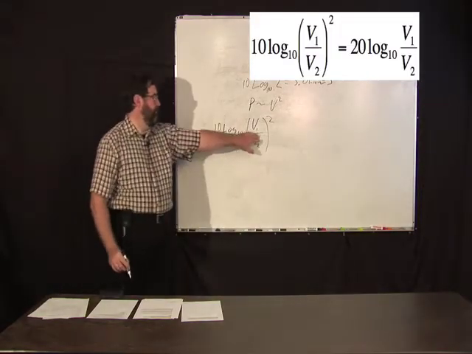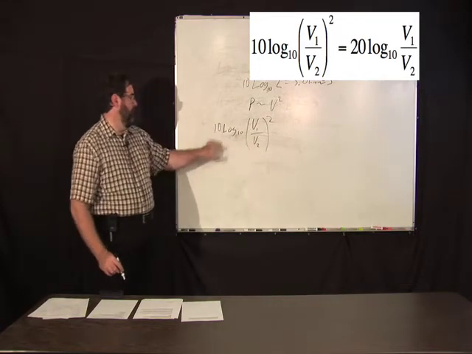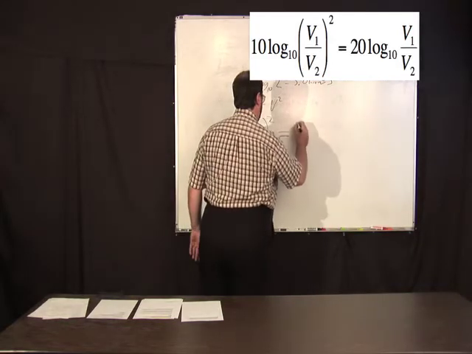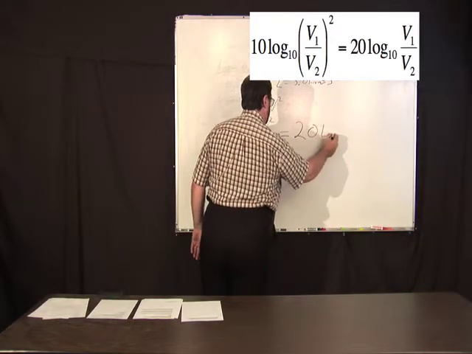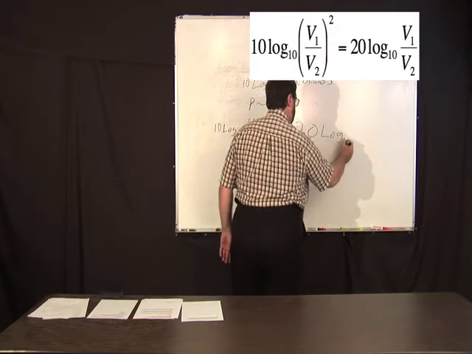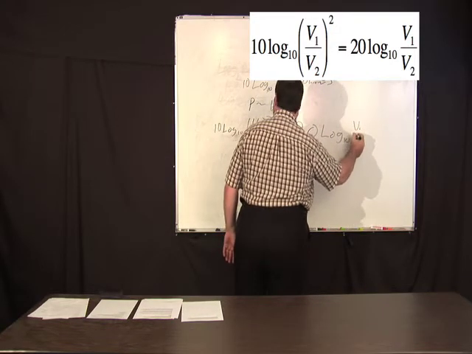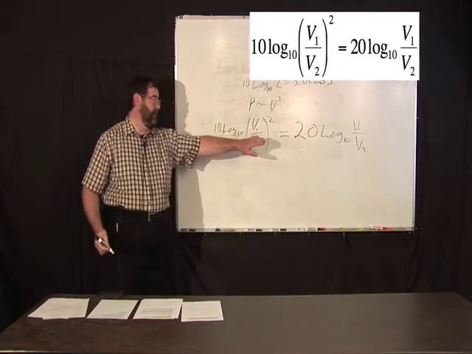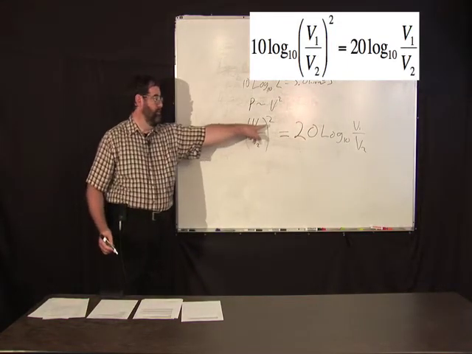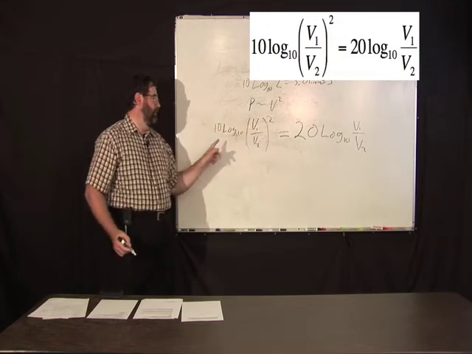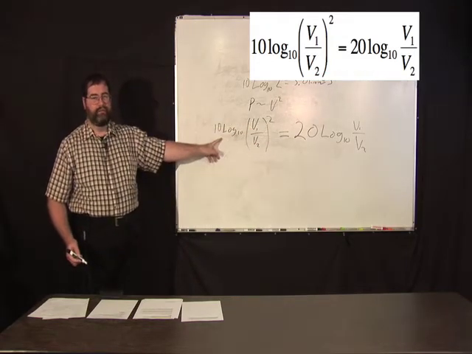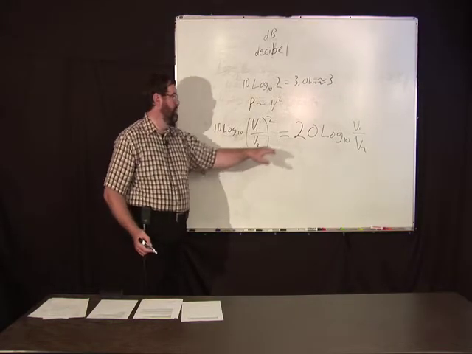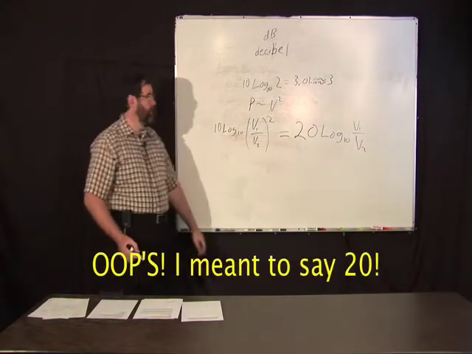So 10 times this quantity squared. So this comes down here as a factor of 2. That's one of the properties of a logarithm. And you've got 20 log base 10 of V1 over V2. So you'll see this a lot for voltage ratios. There's a factor of 20 up front. That's just because this 2, the square term, multiplies the 10 in the definition of the decibel. So if it's power ratio, it's 10. If it's voltage ratio, it's 20. Okay?